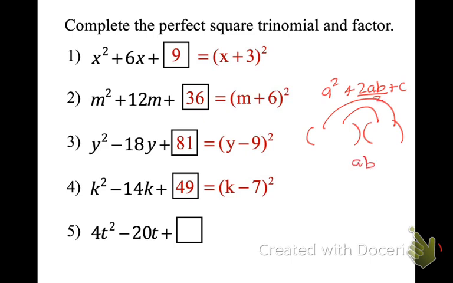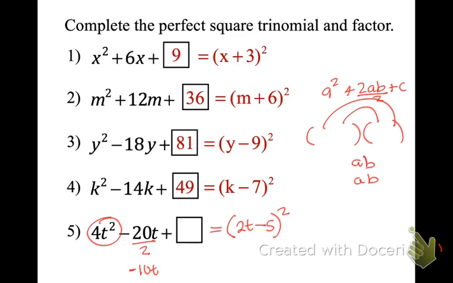Because I had an ab and an ab. So this will have to be a 10t. First, when I'm factoring this, what's the root of 4t squared? It's a 2t. Now, what do I have to multiply that 2t by in order to get that negative 10t? That would have to be a negative 5.